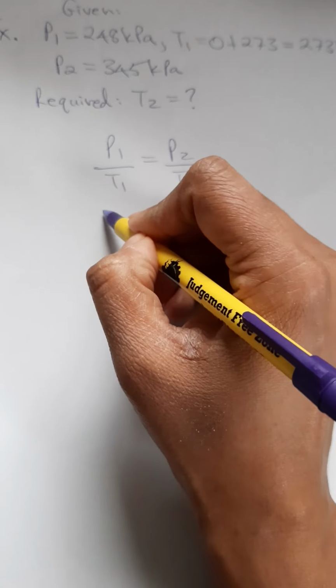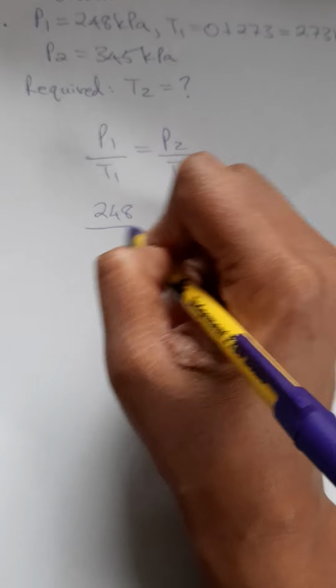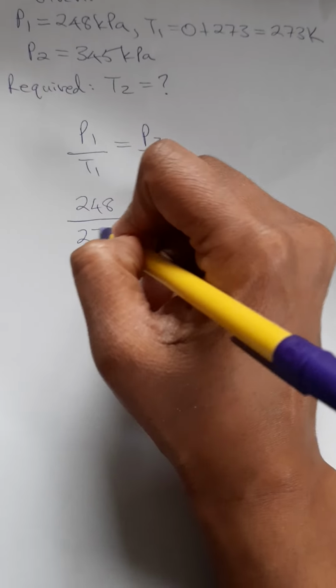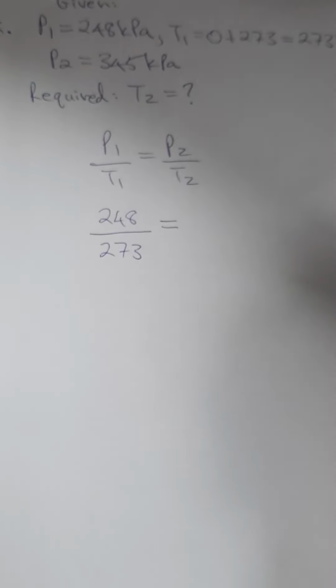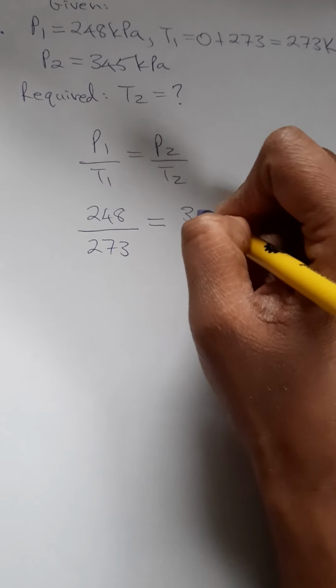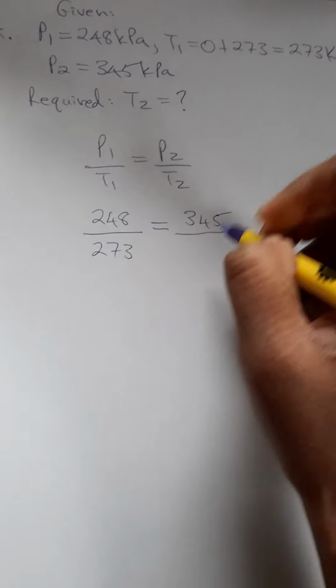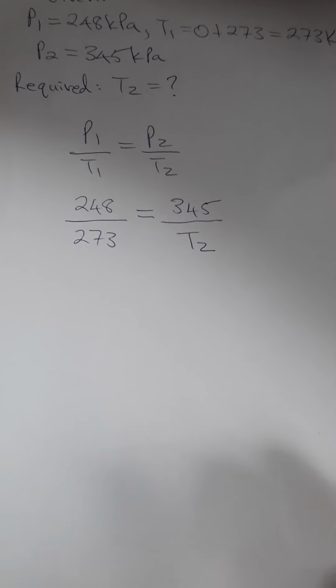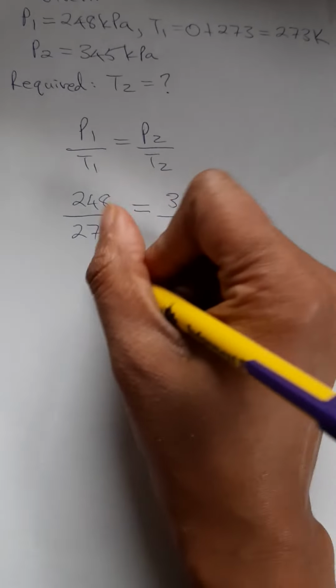Then plug it in here. P1 is 248 over T1, which is 273. This equals P2, which is 345 over the final temperature. You can see you're using the exact same formula.